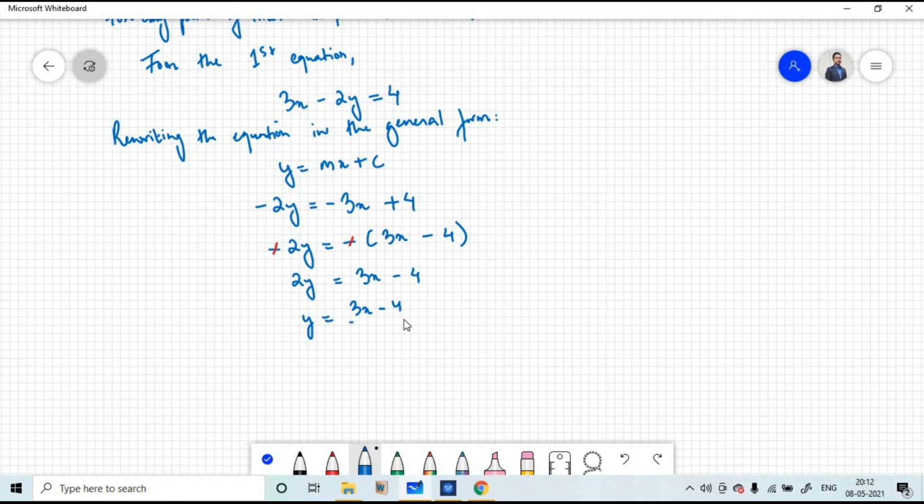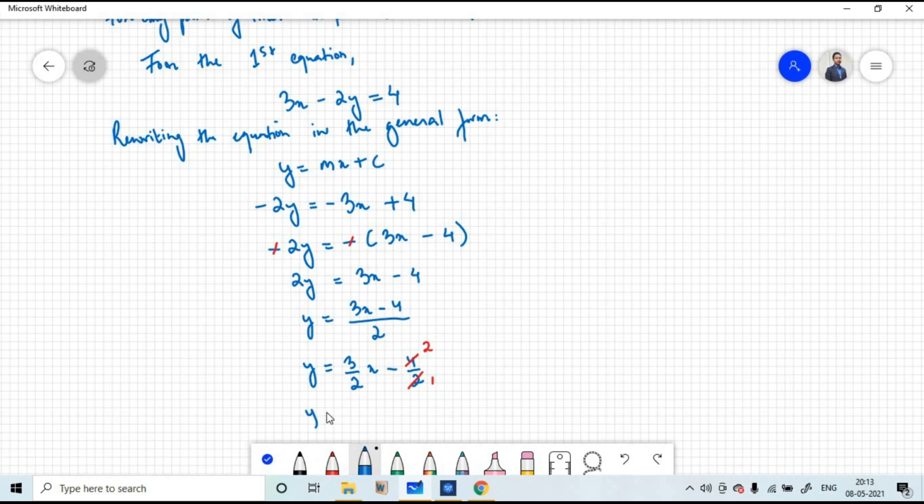Let us transfer 2 to the denominator and further simplify by splitting the fraction. By doing so, we have y equals 3 by 2 x minus 4 by 2. 2 times 1 is 2, 2 times 2 is 4.